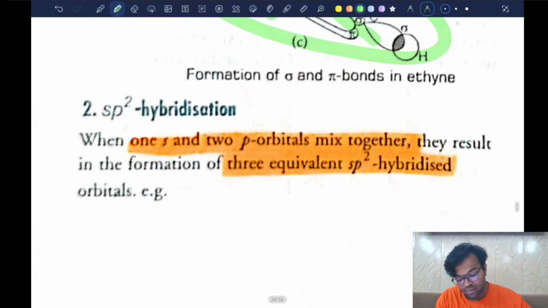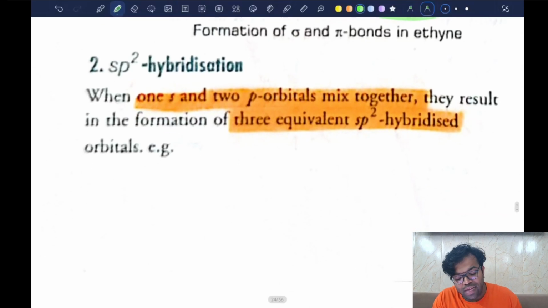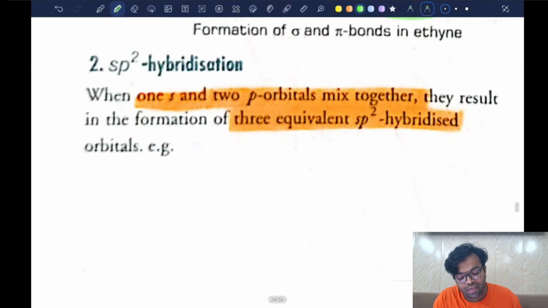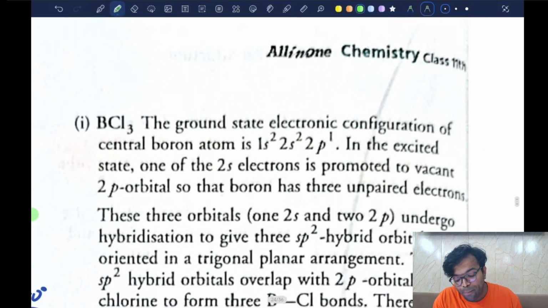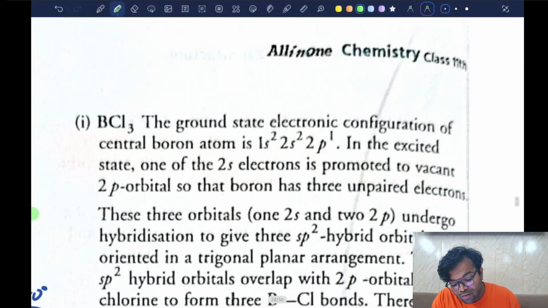Let's see how. Now, when one s and two p orbitals mix together, they result in the formation of three equivalent sp2 hybrid orbitals. For example, let's see the BCl3, boron trichloride. The ground state electronic configuration of the central boron atom is 1s2, 2s2, 2p1.